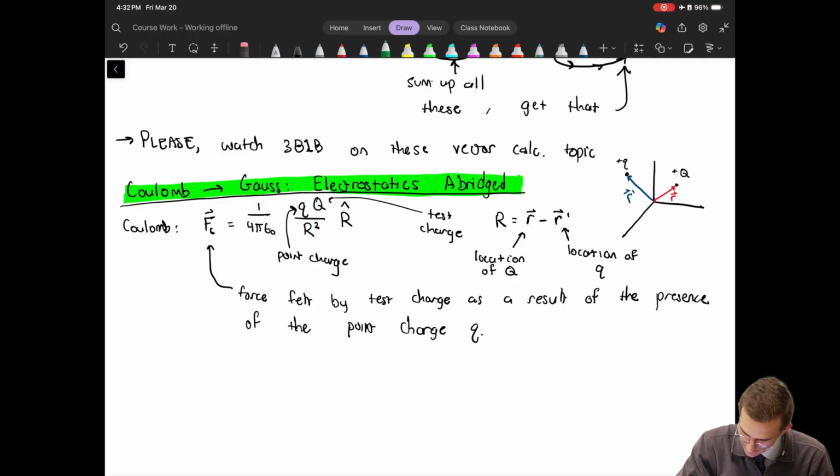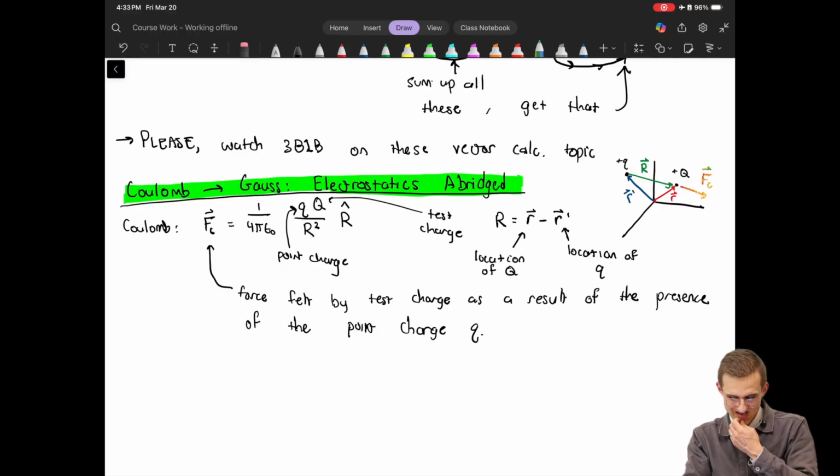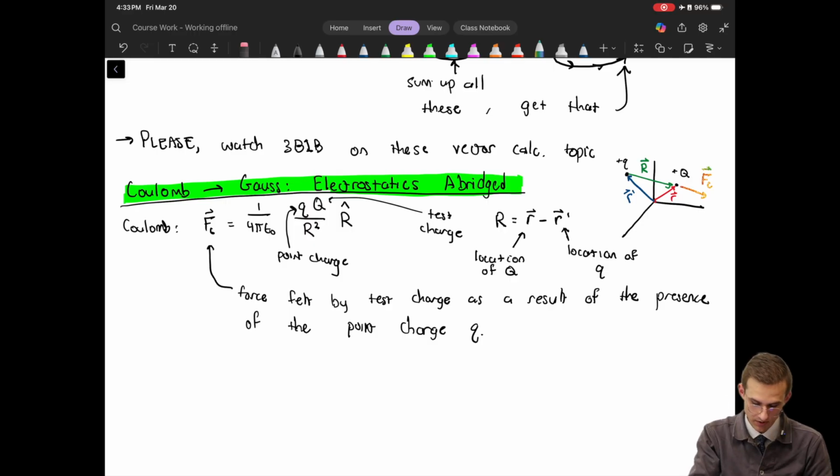And then capital R is like this, R. And then as a result, the Coulomb force is like this, F_C. So it points along the R direction and it acts on the test charge, capital Q. Hopefully with that diagram it makes sense what we're talking about with all these different R's.